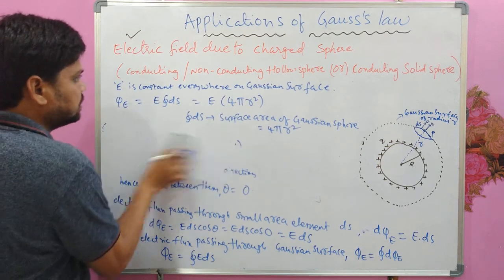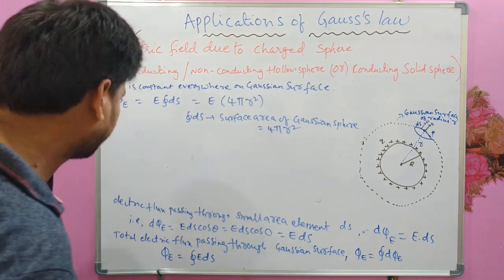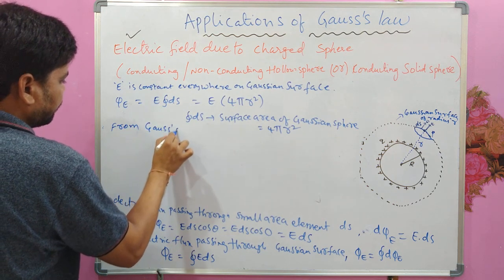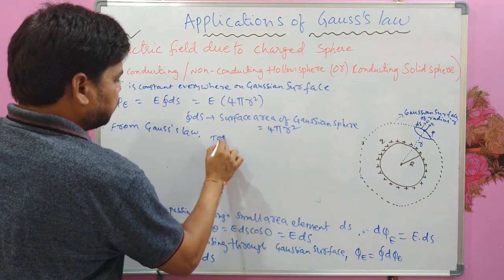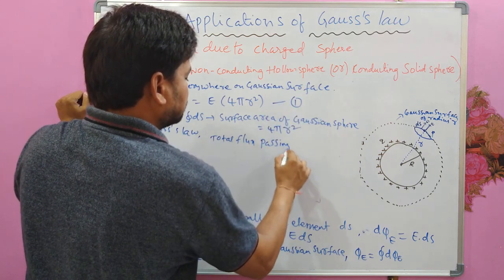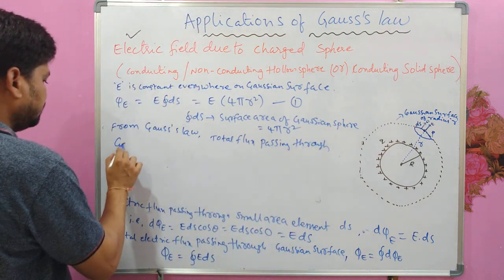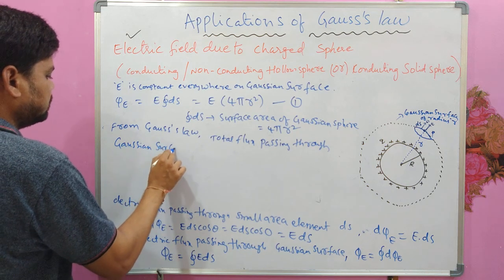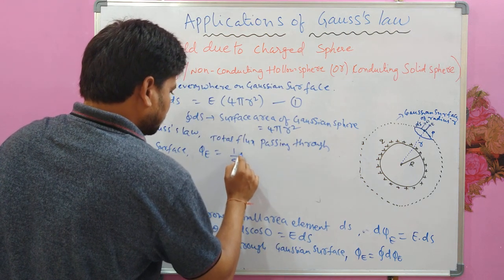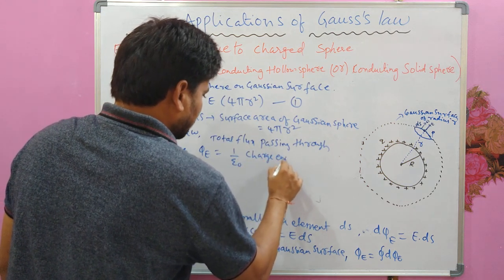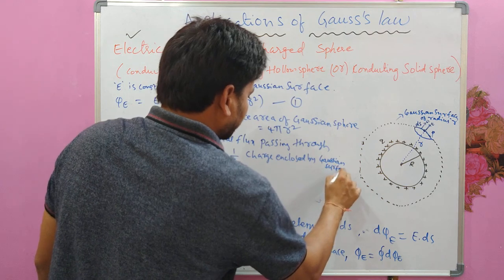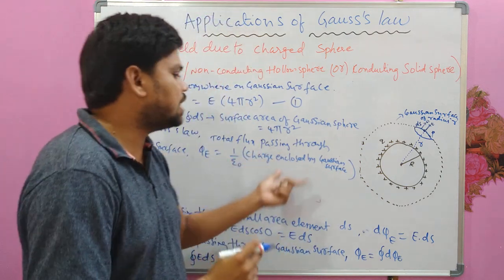So, from Gauss law, let me take this as equation number 1: the total flux passing through the Gaussian surface, ΦE, equals 1 by epsilon naught times the charge enclosed by the Gaussian surface. This is what Gauss law is.